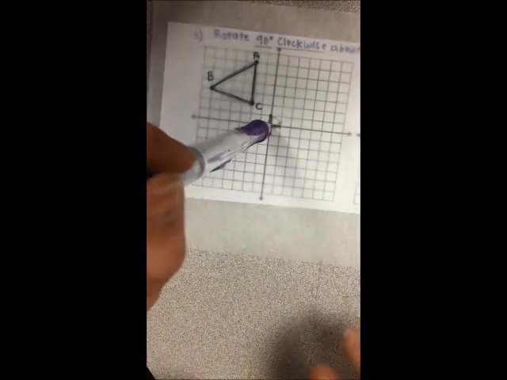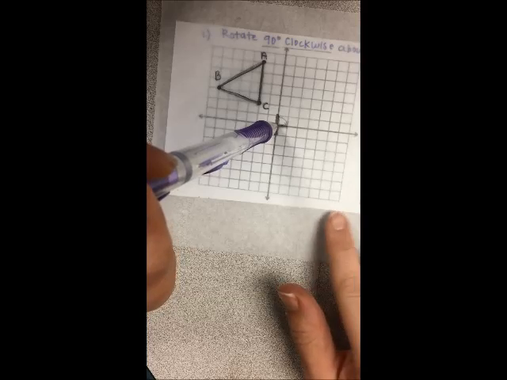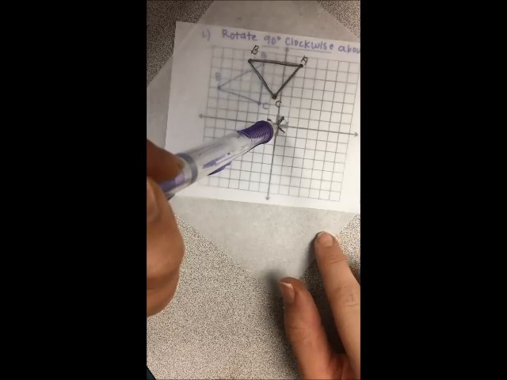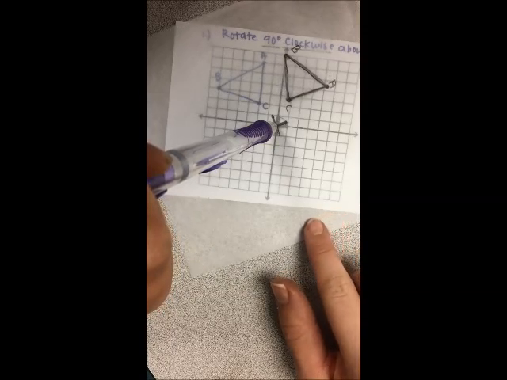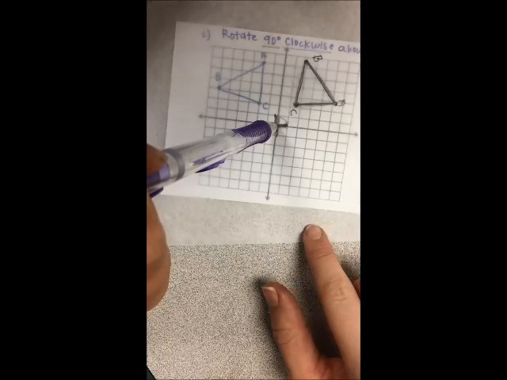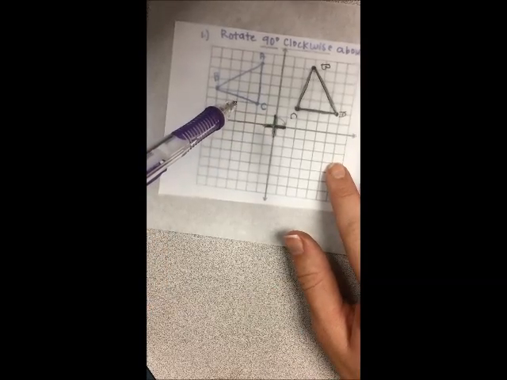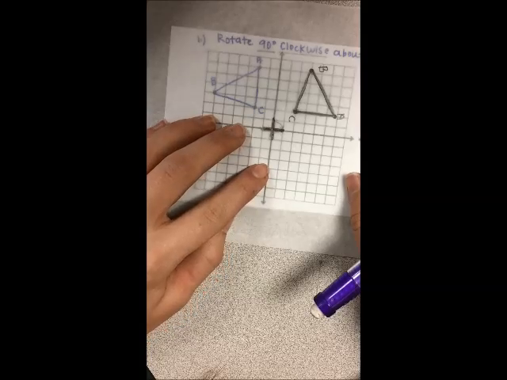This is our center of rotation. So I usually just put my pencil there and then use my other hand to turn the patty paper 90 degrees. So we're going to make sure that that top one goes to the right side. And there we are. So that is 90 degrees clockwise.